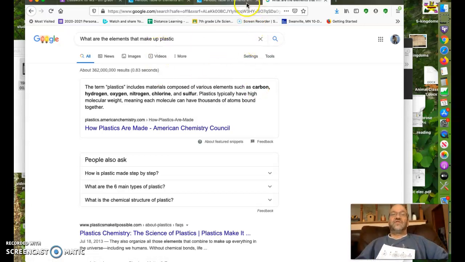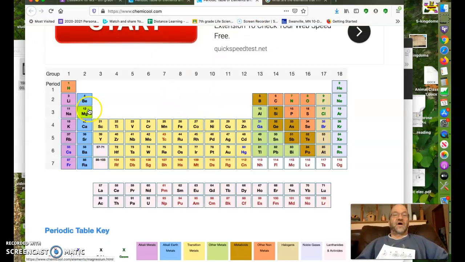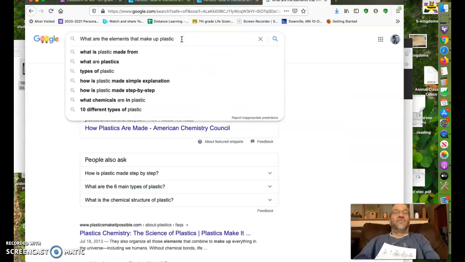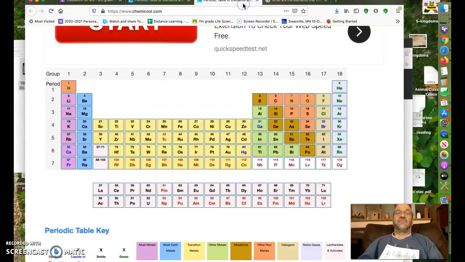That is what you need to do. Look here for all of the different elements, different ones than I did, but you are not going to do plastic. You are going to put in what are the elements that make up a tree. And then you're going to look what those are. You're going to go to the periodic table, find out the symbol.